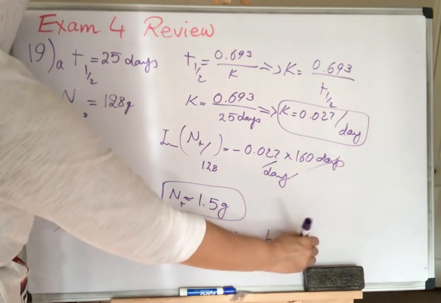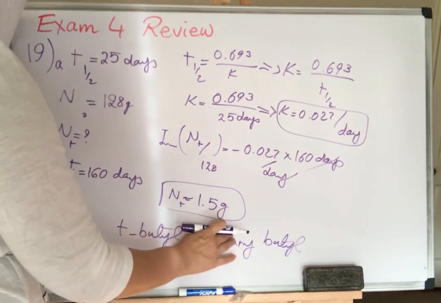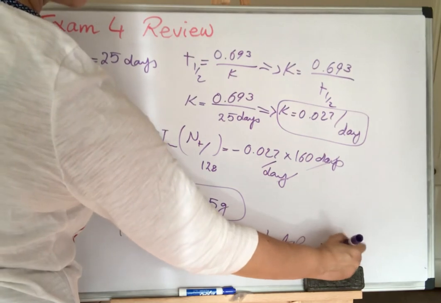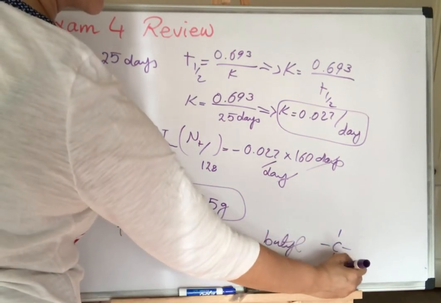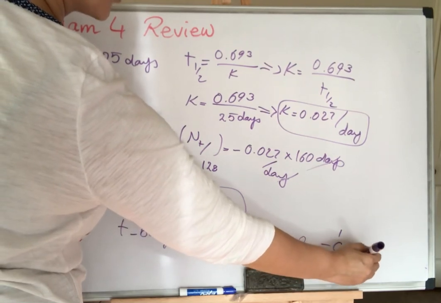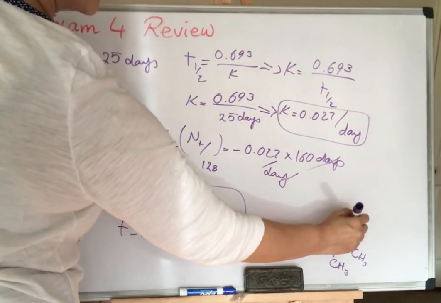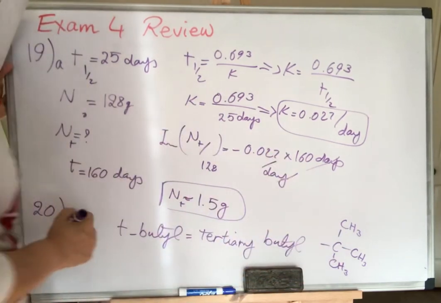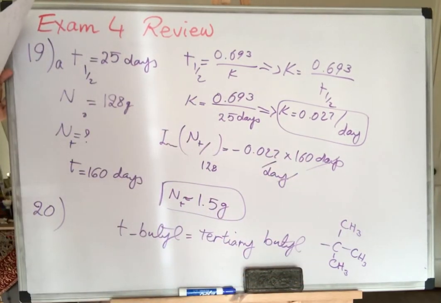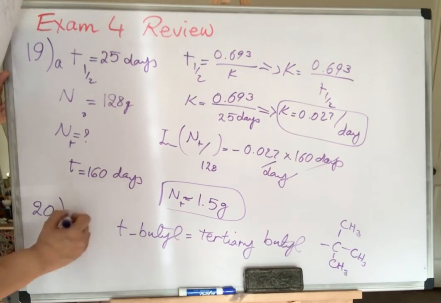There's no other way at this point to know the formula except for memorizing it. We call it a tertiary carbon. You will learn it more. And then this is a tert-butyl. Which one shows the tert-butyl? C is the correct choice.